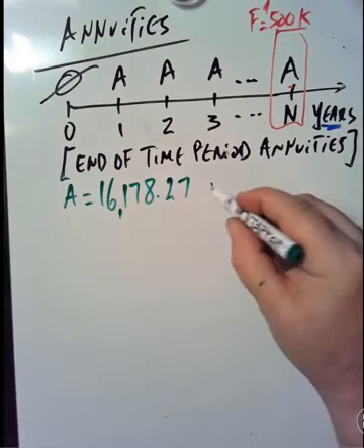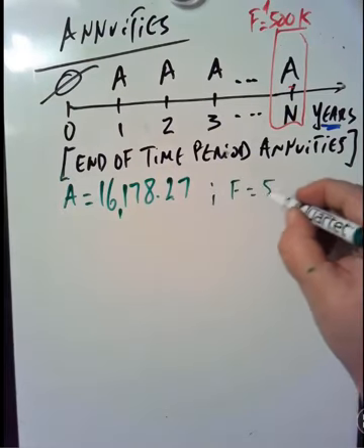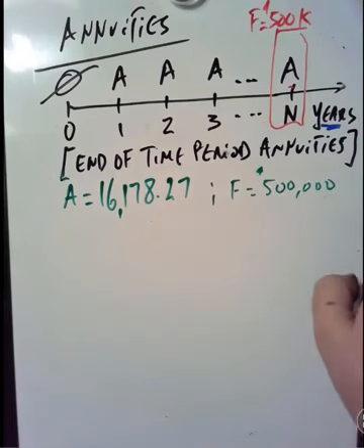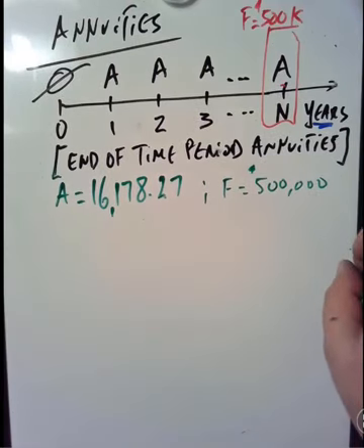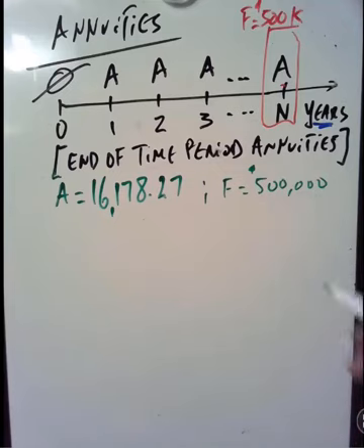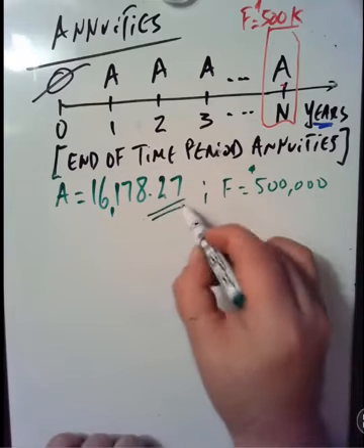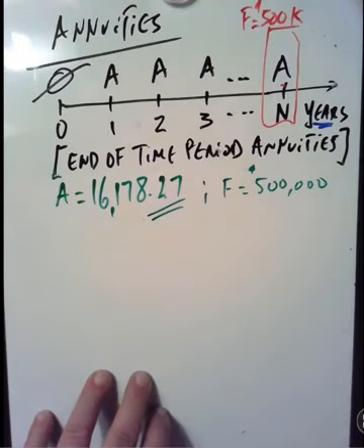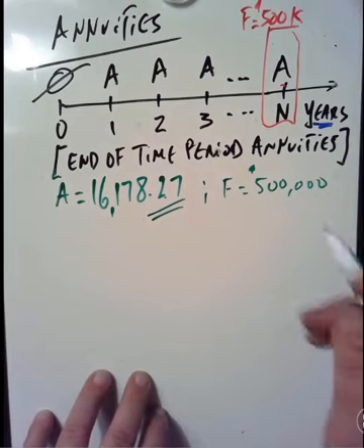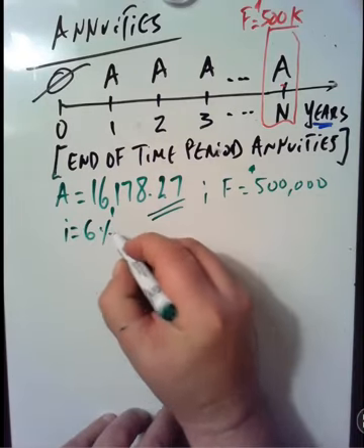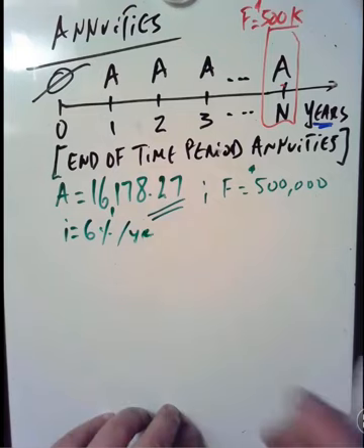The future value, we imposed it to be 500,000. And now I'm asking what is the present value of an annuity, given that the interest rate was 6% per year.